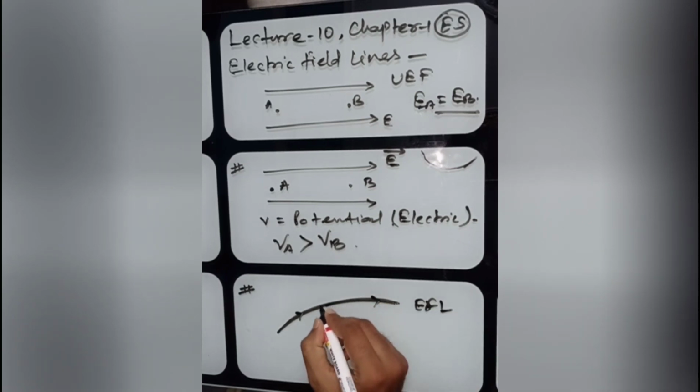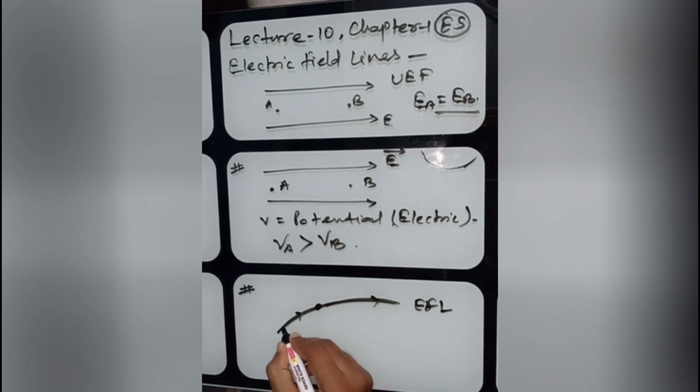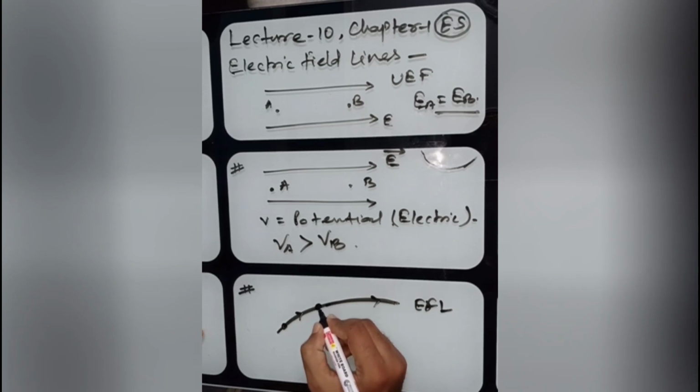If we want to find out the direction of electric field over here, the direction over here and over here will not be the same if it is not a straight line. This is non-uniform. Then the direction of electric field can be obtained with the help of a tangent. Remember, tangent. So we can draw the tangent here.